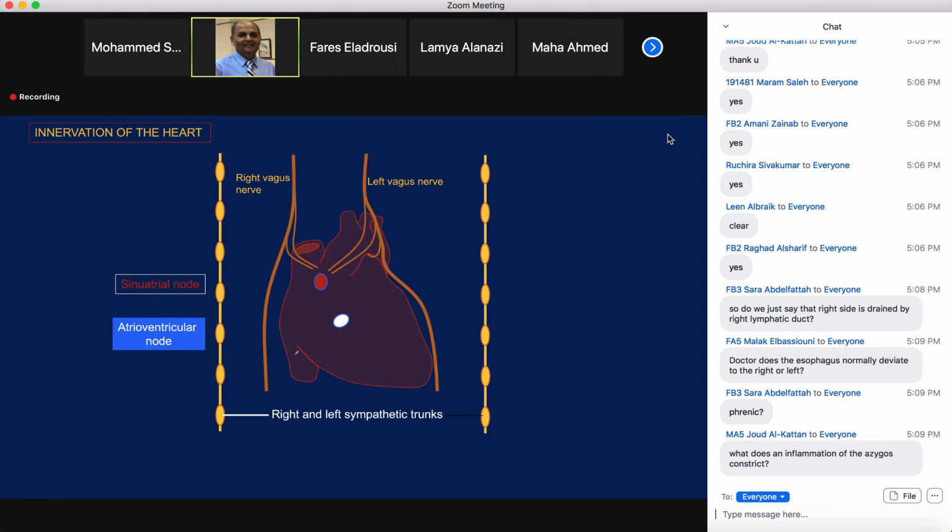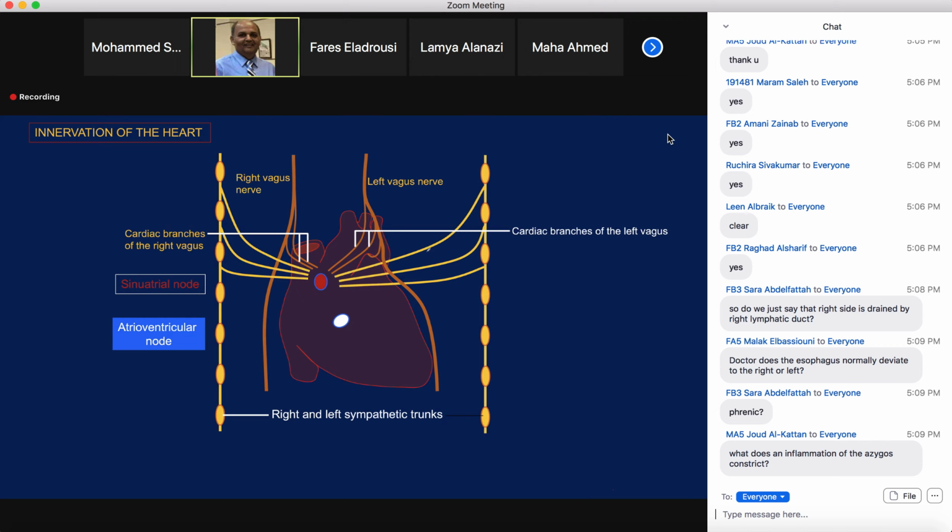Vagus and recurrent laryngeal nerve, through their cardiac branches, give parasympathetic supply. So the cardiac branches of the right and left vagus are visible to you. And then you can see the cardiac branches from the sympathetic chain. They are bringing sympathetic supply. And what are they making? They are making a plexus.